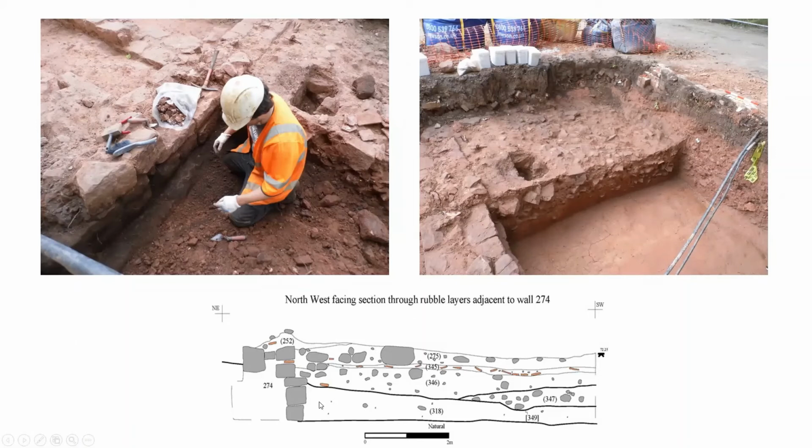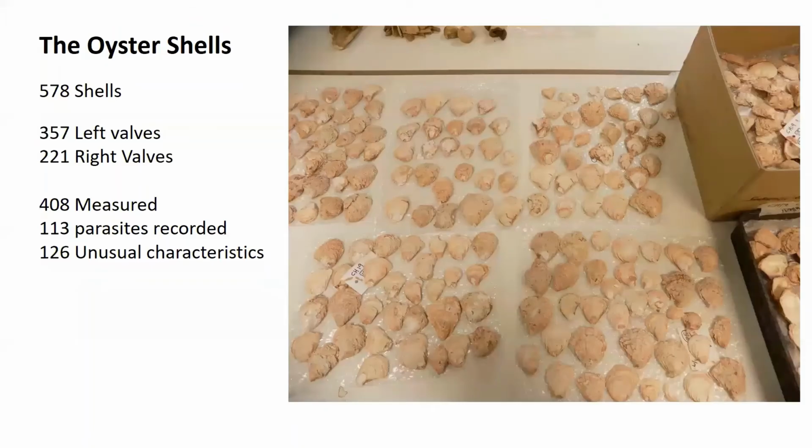And so it's been interpreted that this is evidence of where they were dumping shell, so just waste shell out the back on the other side of the walls, out of the way. And then during the dismantling of the monastery, obviously it's all been disturbed and the shell has become mixed in with all of the rubble.